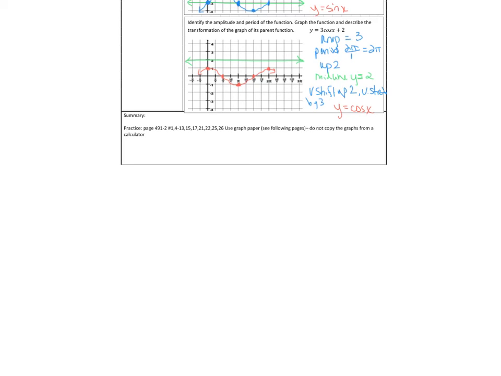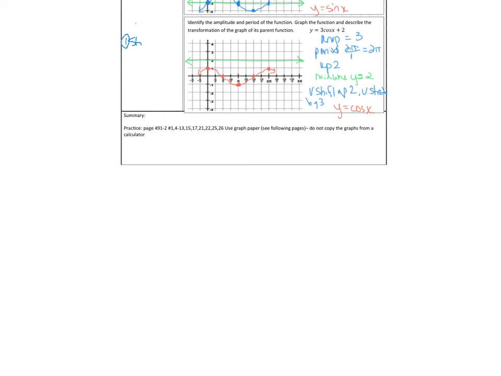So when we are graphing a vertical stretch or shrink like this and a transformation, it's easier and less confusing if you follow the steps of first doing your stretch or shrink. So I'm going to write that over on this side.